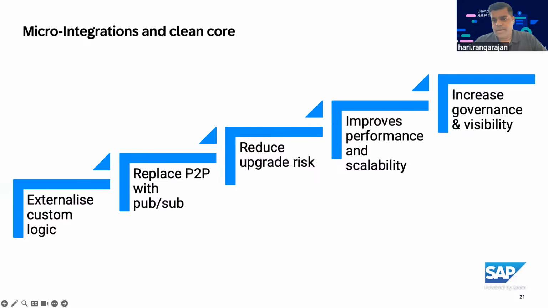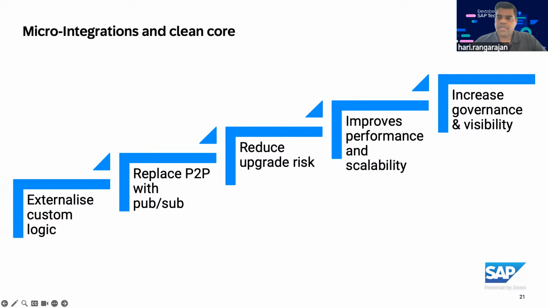Because custom logic is externalized using custom integrations, micro integrations, connectors, and processors outside the core, there is less risk that core SAP changes break downstream custom logic. Upgrades are less painful. Clean core strategy in SAP emphasizes the use of standard APIs and interfaces for extending. Micro integrations align with that, right?